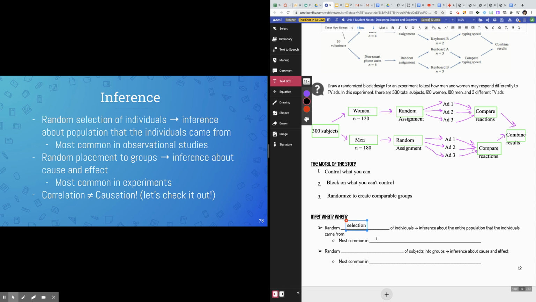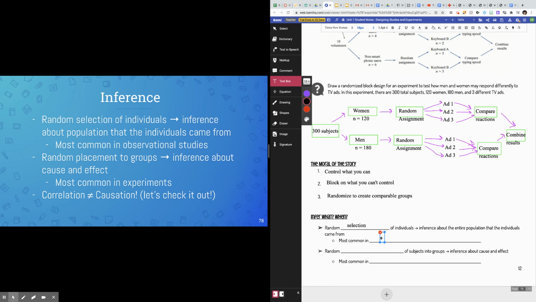Okay, so basically saying you can't have volunteers. Volunteers is not random selection of individuals. Okay, if you randomly select your individuals, then we would say that because of the natural variation of the universe, your random selection of individuals is likely a good representation of your whole population.